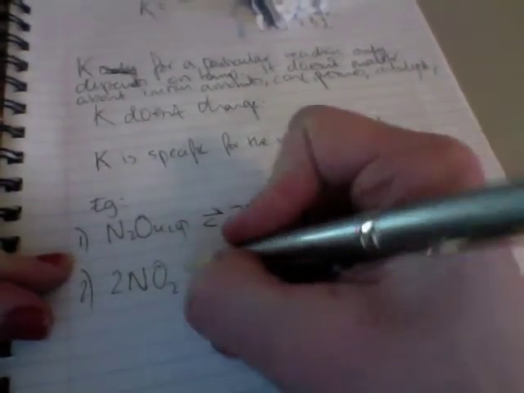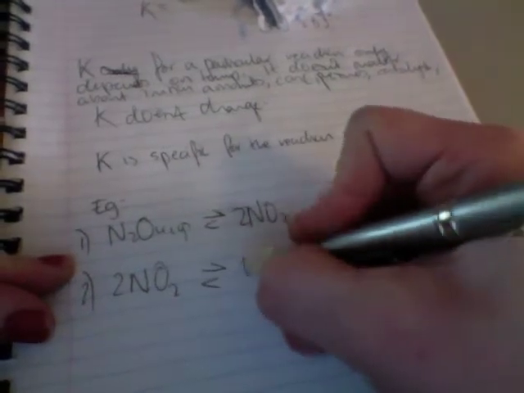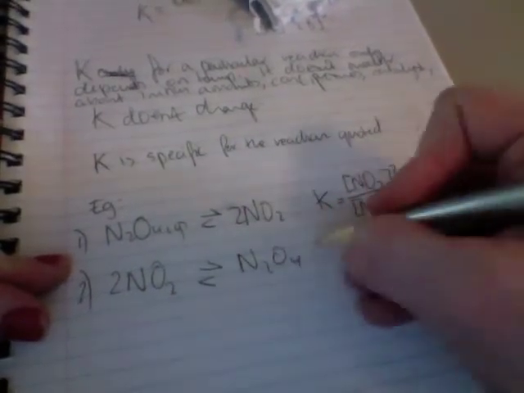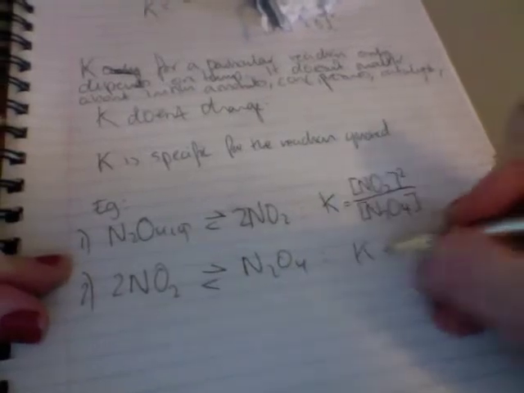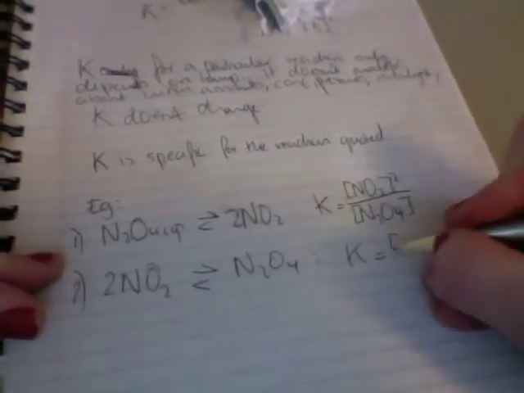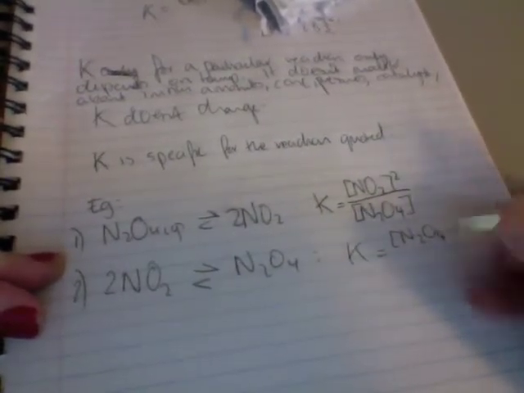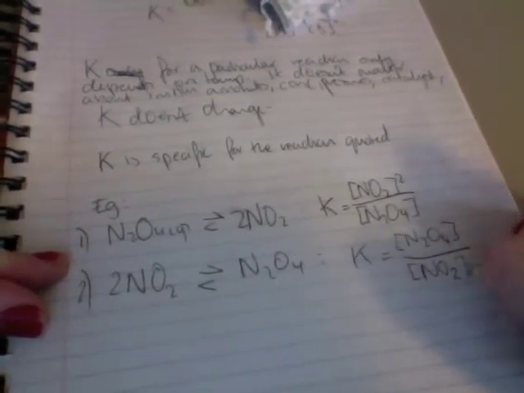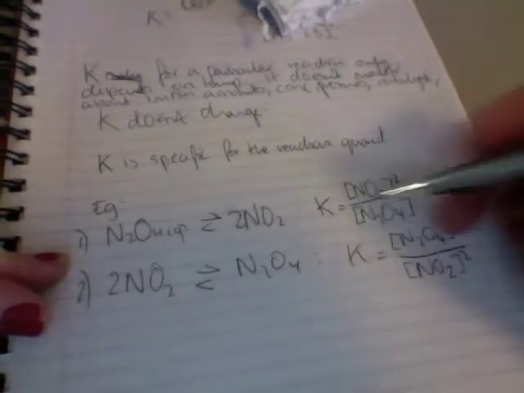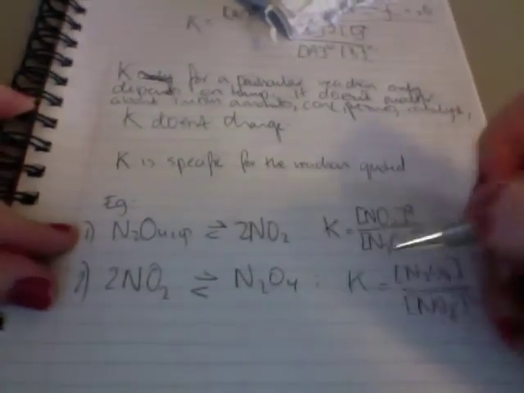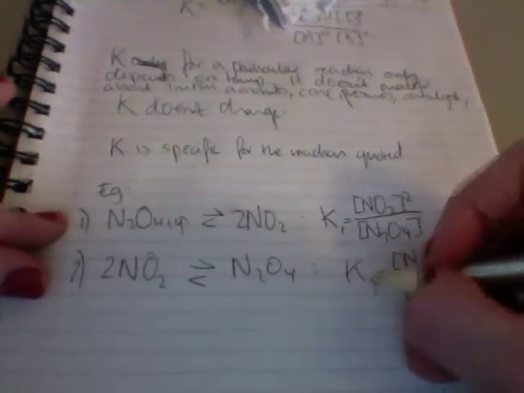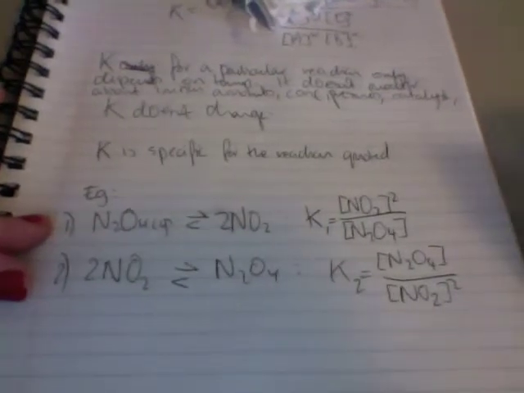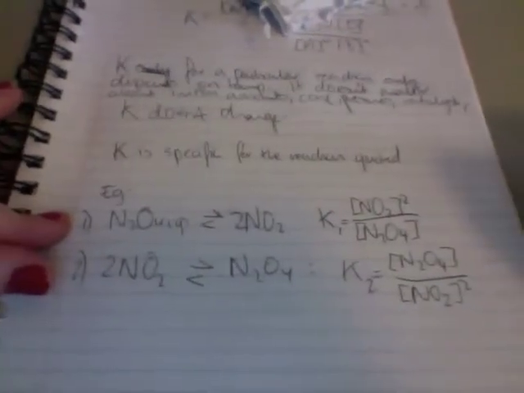Example 2, we know that this is a reversible reaction. So K will be different. In other words, K will be the inverse of the K that I wrote just above. So these two are actually mathematically related. Let's call this K1 and K2. How are K1 and K2 related?